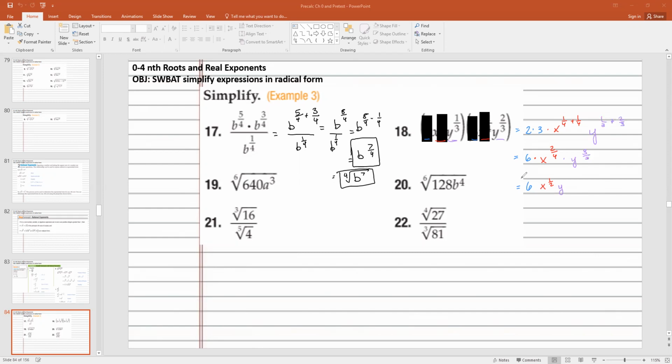That's it. Now, if you want to write it out with a radical, notice that the x is the only one that has that fraction of an exponent. So that's the only one that would go inside of a radical. And remember the denominator is the index, but we don't usually put a 2 for square roots.